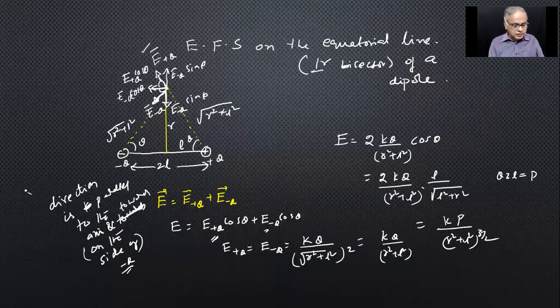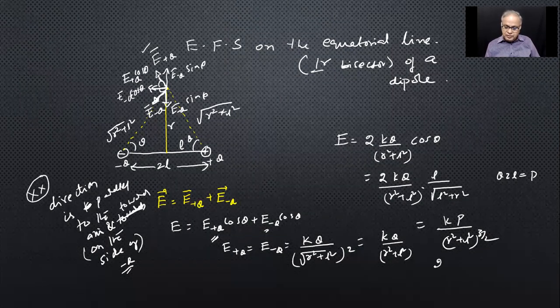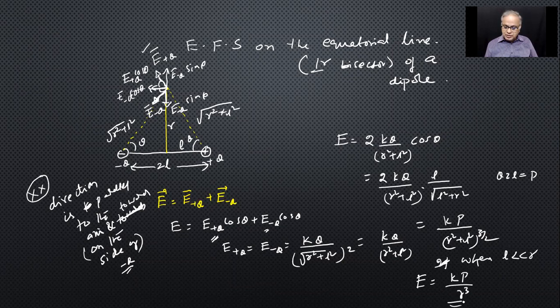So this is to be noted. All right. In a similar way, like we did previously, if or when our L is less than R, E will be how much? kp by, ignoring this, r cube.